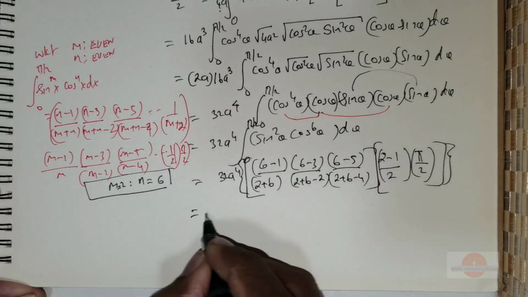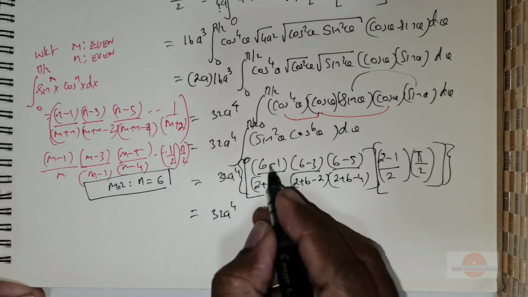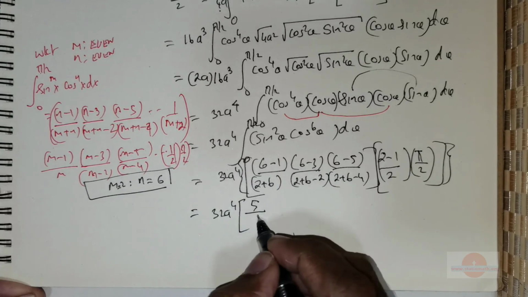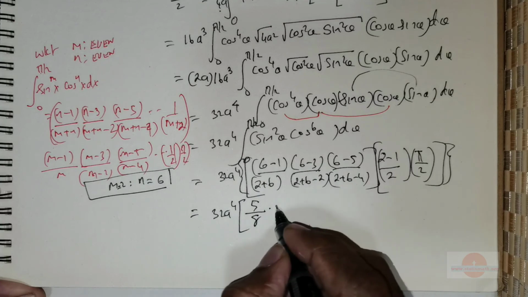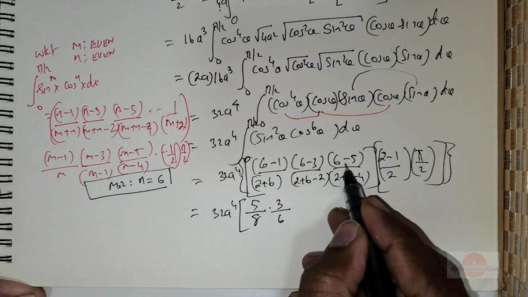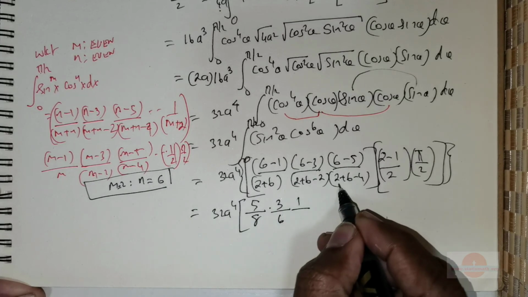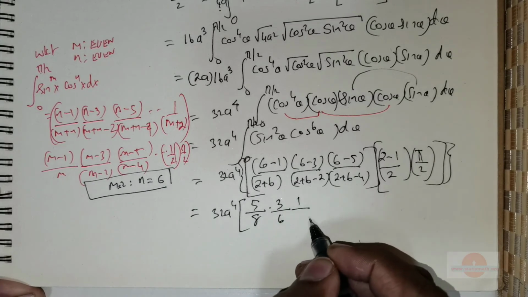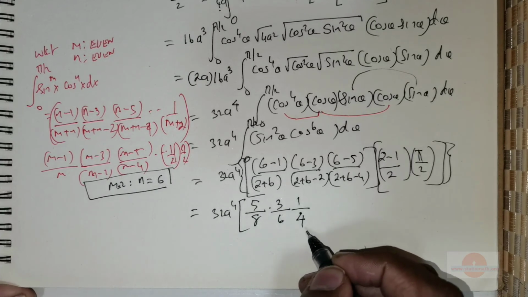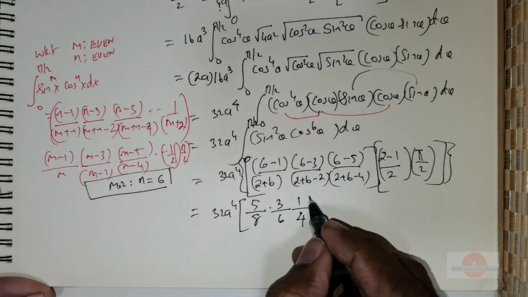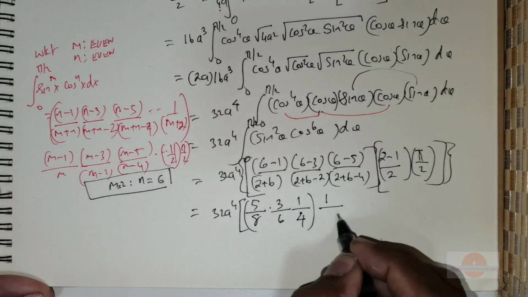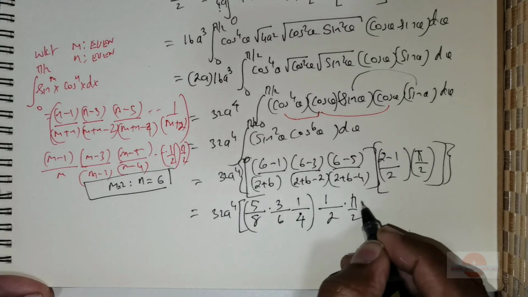So this is equal to 32a to the power 4. 6 minus 1 is 5, 2 plus 6 is 8, times 6 minus 3 is 3, over 2 plus 6 minus 2, so 2 and 2 get cancelled, giving you 6. 6 minus 5 is 1, over 2 plus 6 is 8, 8 minus 4 will give me 4. That has to be multiplied with 2 minus 1 is 1 divided by 2 times pi over 2.